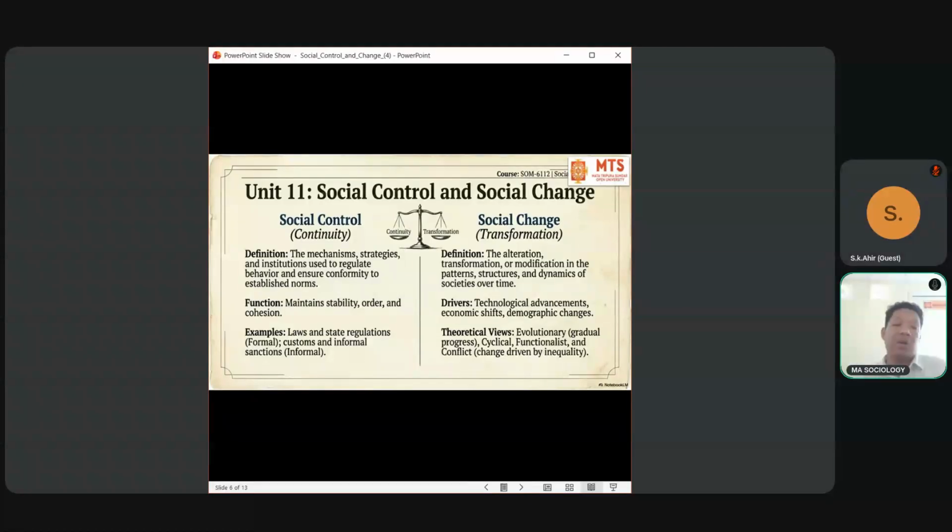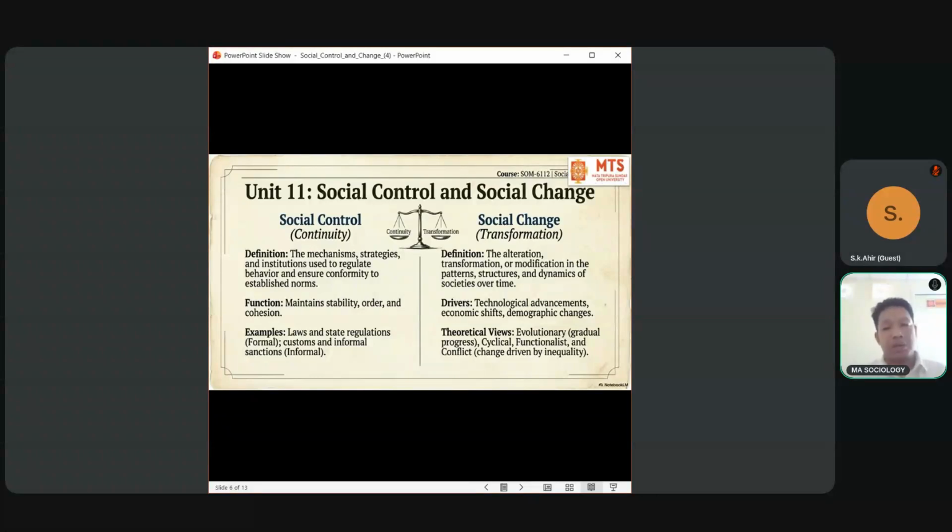So, social control: before, in the early periods, the rate of suicide was very low, right? Because there was uniformity, there was conformity to the traditional law or traditional culture, right?